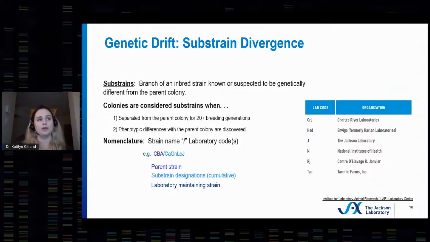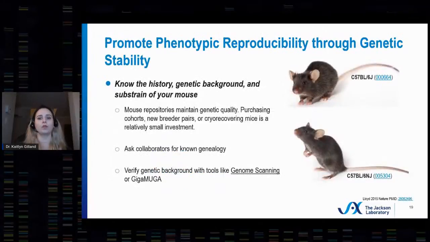You can see here in this example, the parent strain is CBA. The first substrain listed is CA for the Carter lab, and then it was transferred to GN, or the Green lab, and then to the Lane lab, or LE, and is now maintained by the Jackson Laboratory.